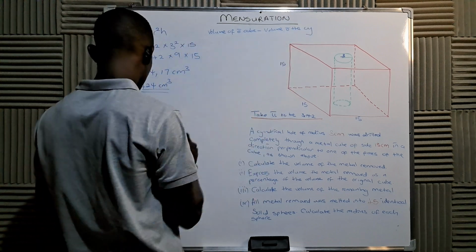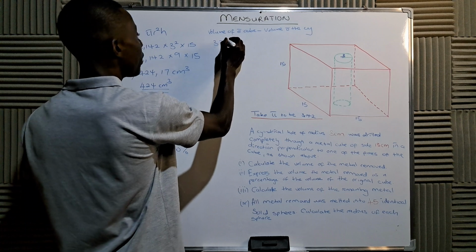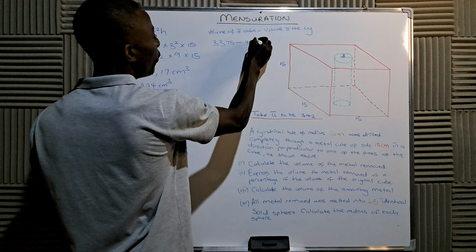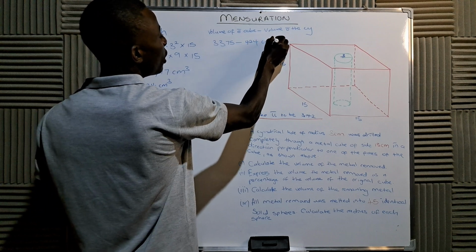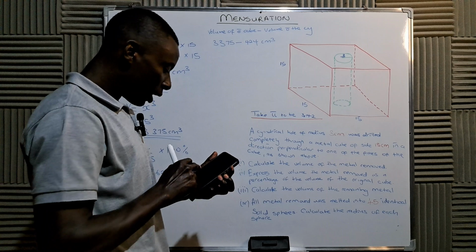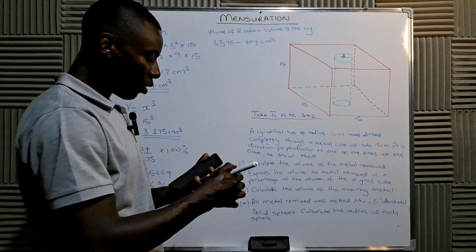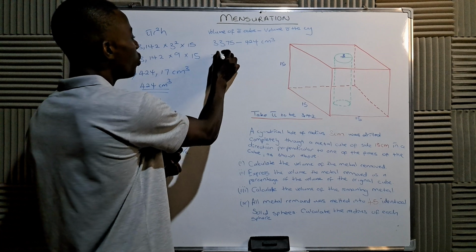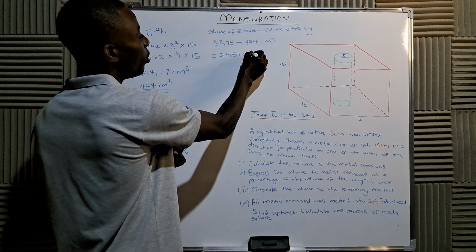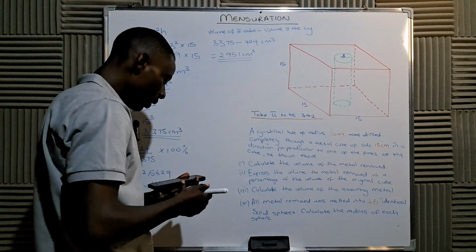So here the volume of the cube is 3,375 minus 424 cubic centimeters. So 3,375 minus 424 gives us 2,951 cubic centimeters. So this is our answer.